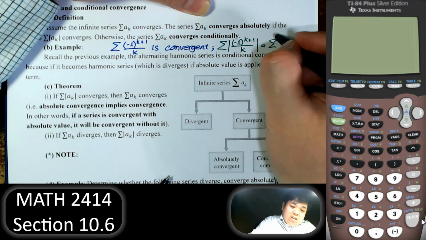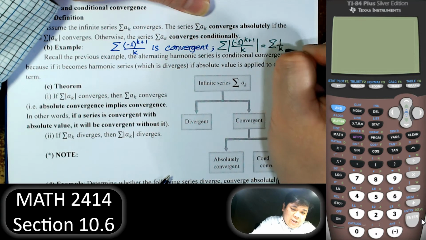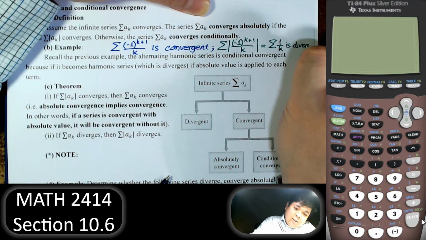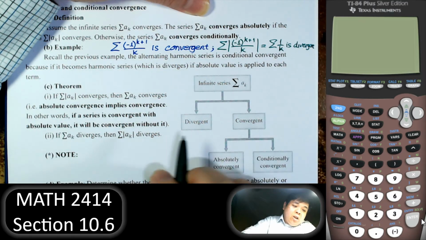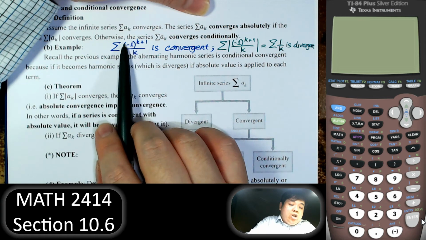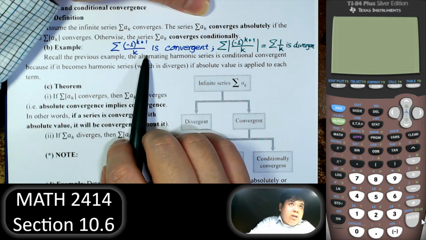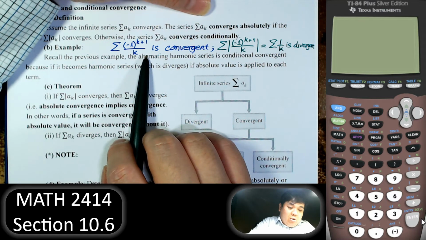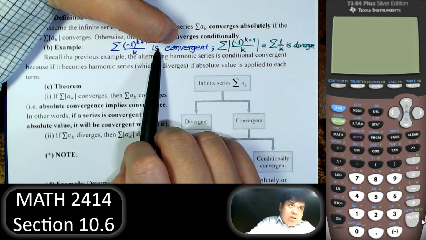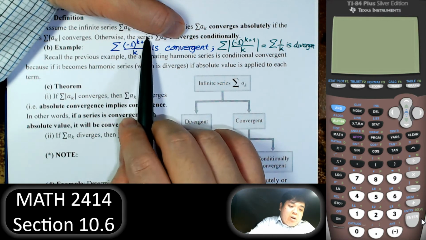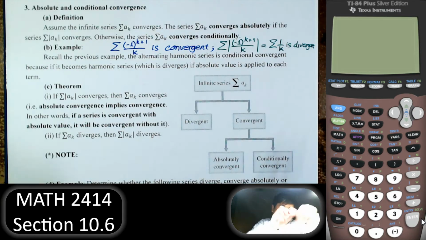The absolute value of that is still 1. And this one is divergent. So we say this is conditionally convergent, because it is convergent, but if we put an absolute value to it, it will be divergent.